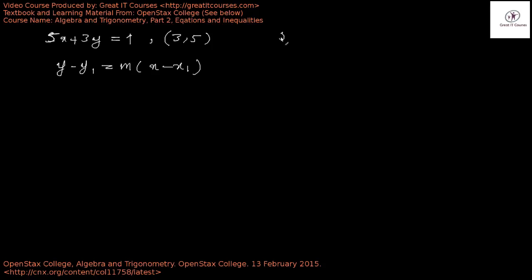So now my baseline is 5x plus 3y is equal to 1. Now if you write it in the slope intercept form, you can simply see what the slope of the line is. The slope intercept form is basically y is equal to mx plus b.